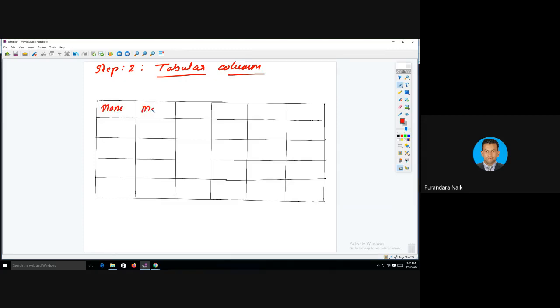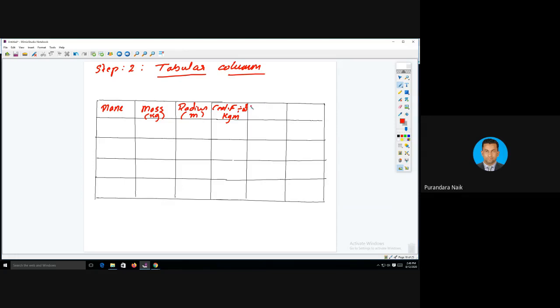Second one is for mass, that is in kg. Third one is the radius of rotation, in meter. Next is the centrifugal force divided by omega square. This will be kg meter.